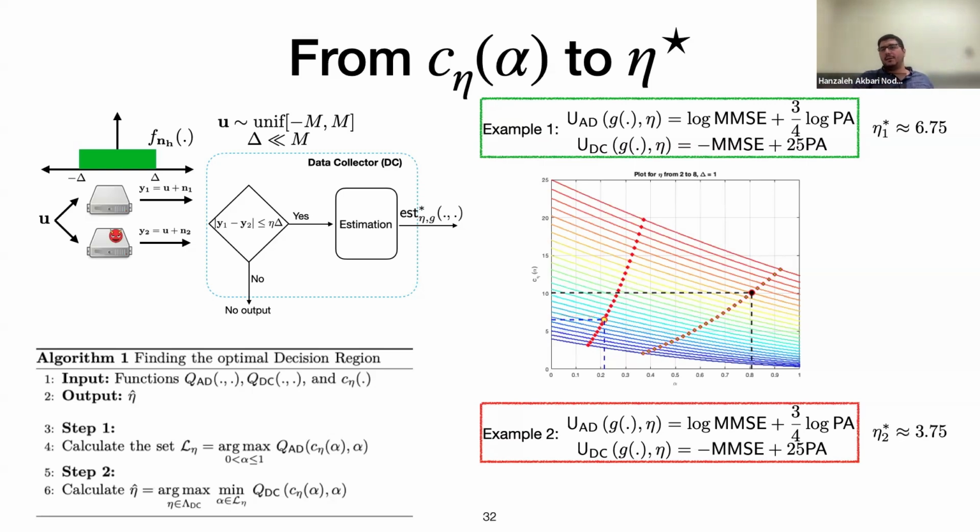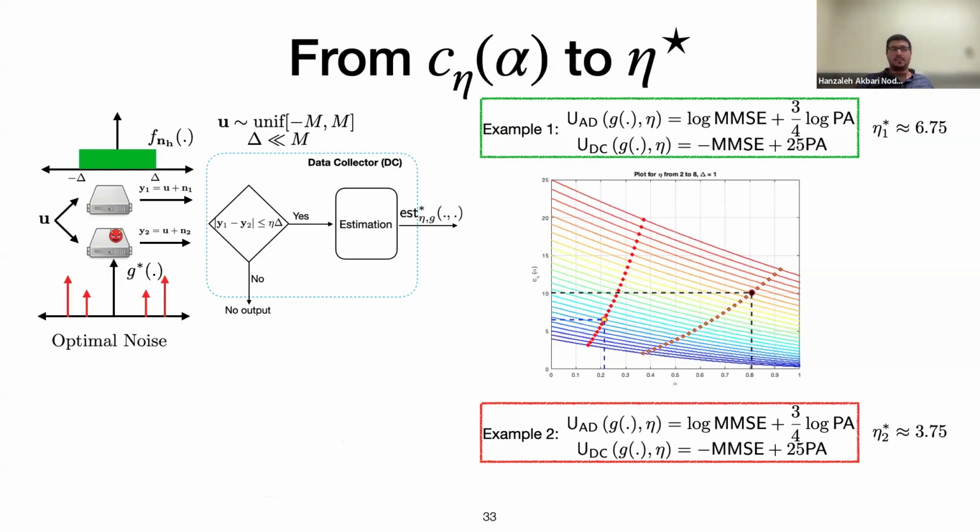And for this example, we can calculate that the best choice for the data collector is to choose eta equal to 3.75. Okay. And by having result 2, we can also find the optimal noise for the adversary. As a result, you can calculate the probability of acceptance and the MSE.